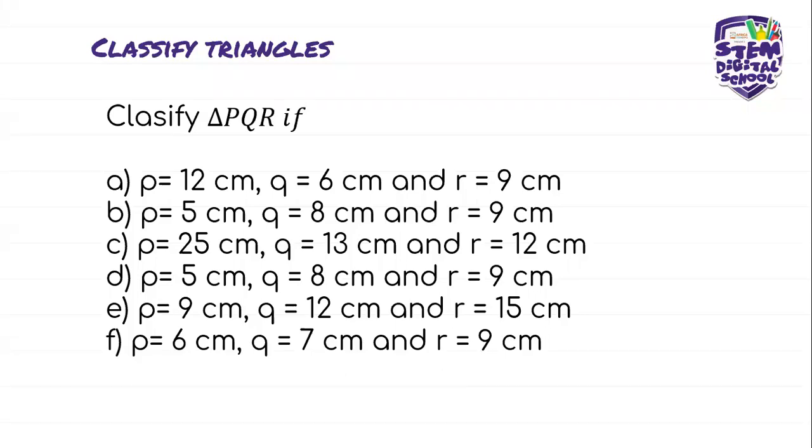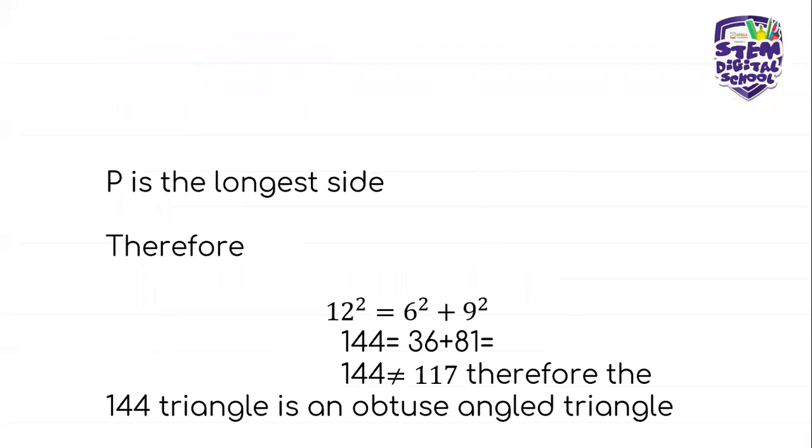All right. So now, when it comes to A, you can see that, as we said, P is the longest side. And what is that longest side? It's 12. All right. So P is 12. And that is the longest side. Therefore, when you apply Pythagoras, you are going to say 12 squared will be equal to the sum of the squares of the other two sides.